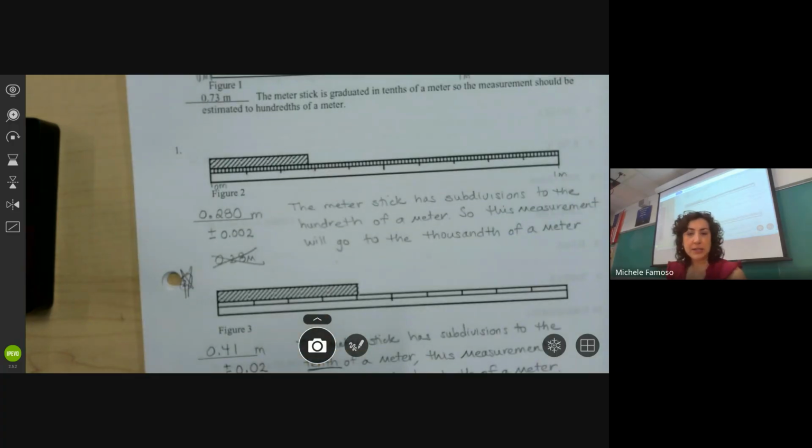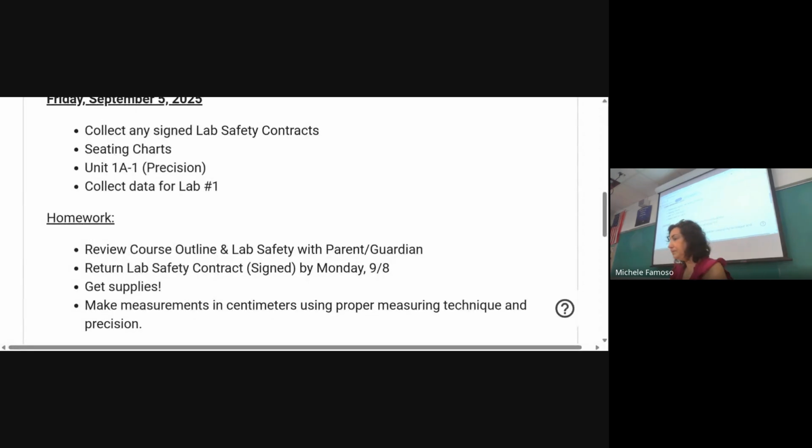Now, if I go back to the Google Classroom for a minute, let's talk about the homework. The homework for Monday, there is a written assignment besides getting your course outline, the safety contract signed. A lot of you have already done that. Check. Yes. You got to get your supplies. We need everything for Monday.